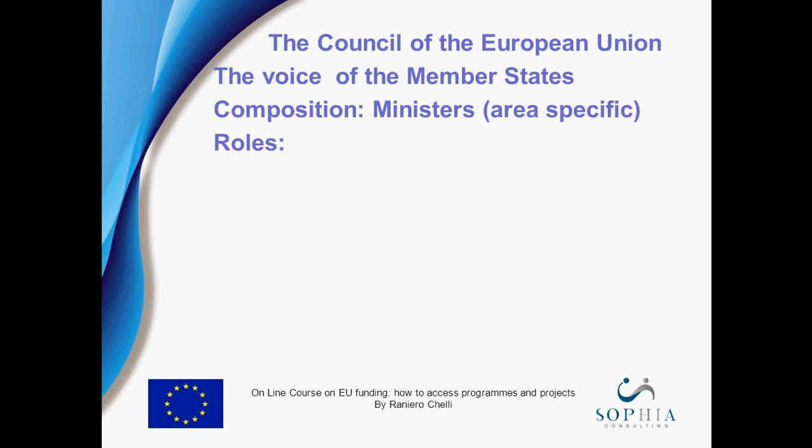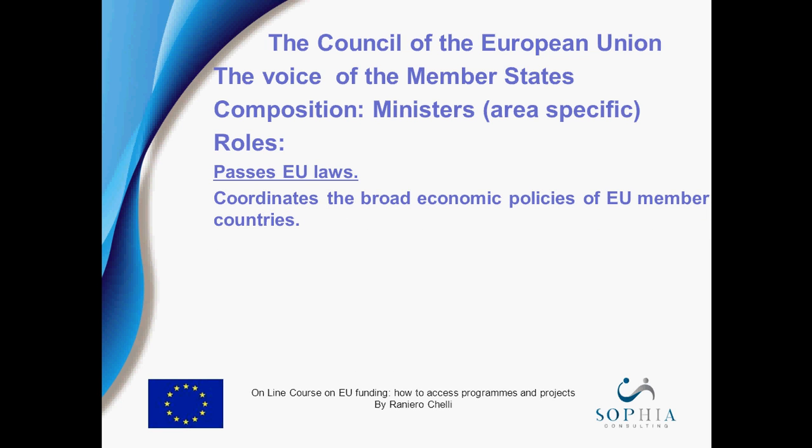The Council of the European Union itself is the voice of the member states, of the governments. It's composed by the ministers of each specific area, like the Transport Council is constituted by the ministers of transport of the different countries. Its role is that it has the final voice in approving European laws.